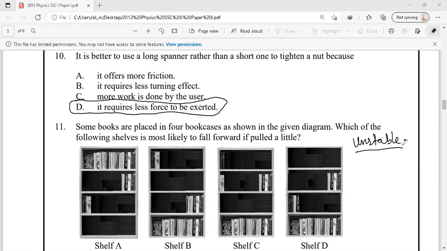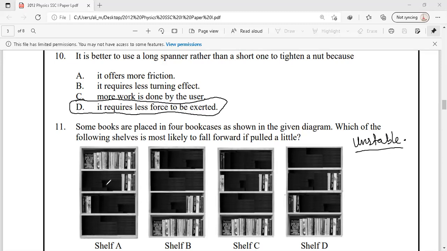An unstable shelf will be the one in which the mass is distributed away from the ground. If the mass is away from the ground, then its center of gravity will also move upward. The greater the height of the center of gravity, the more unstable that body would be.